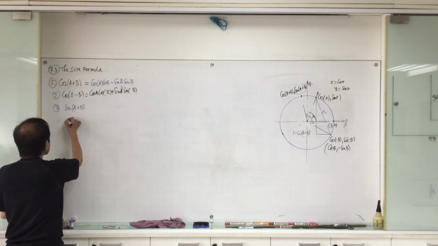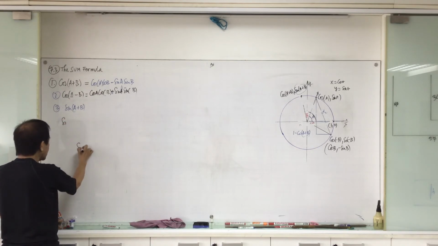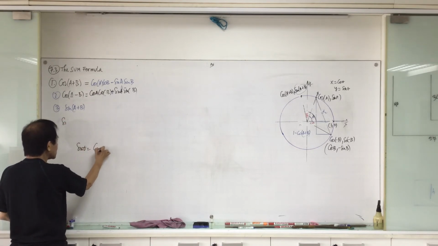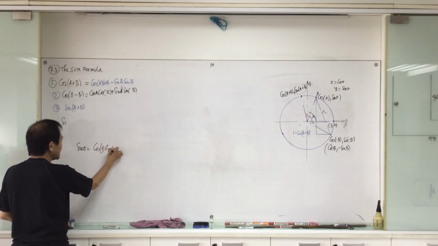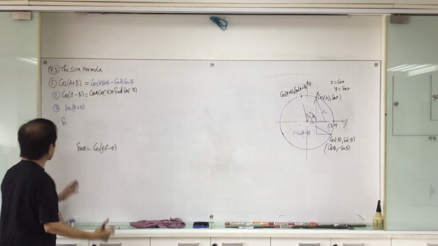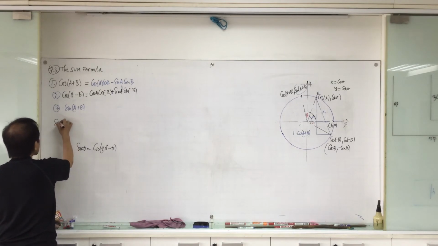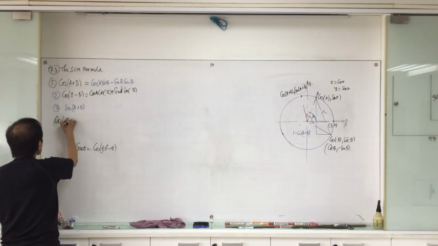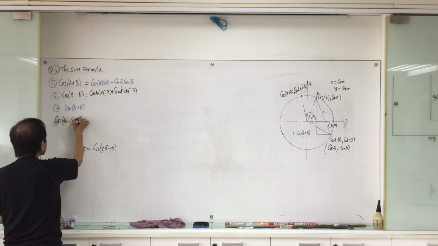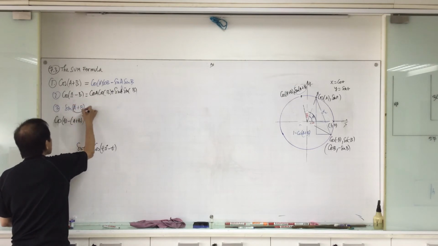Remember, sine of theta equals cosine of 90 minus theta, right? So this is the cofunction. So sine of A plus B has to be equal to cosine of 90 minus A plus B. You minus this angle here.